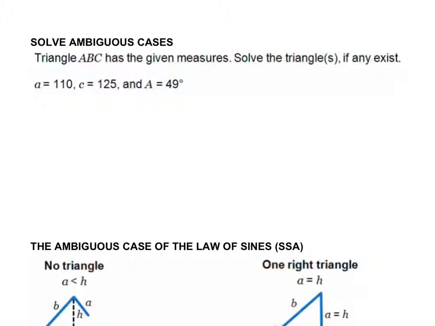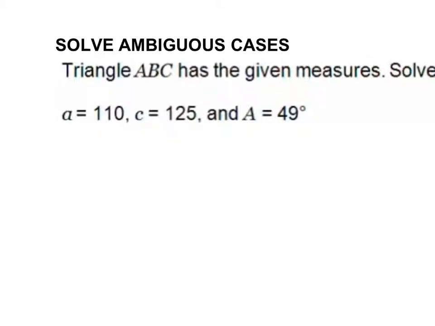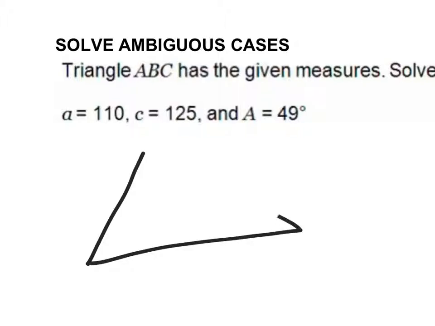Okay, let's take a look at this last page real quick. It says triangle ABC has the measures given. Solve the triangles if any exist. So let's just draw a quick picture of a generic triangle. We'll call this angle A here.